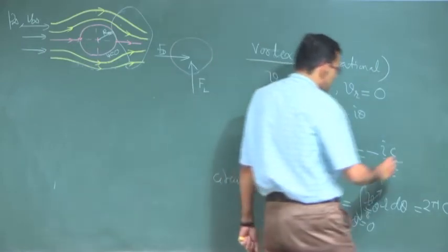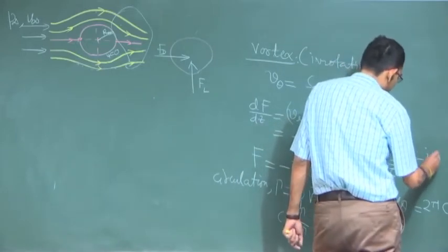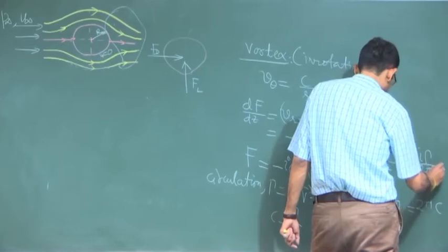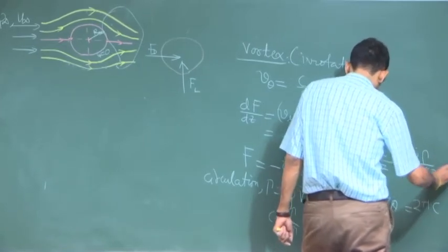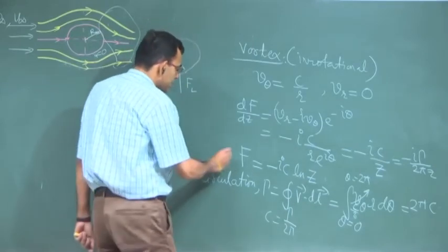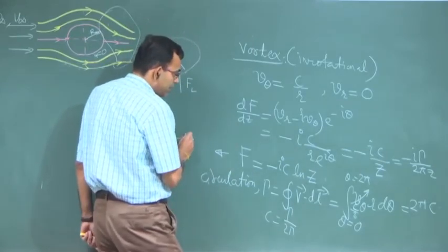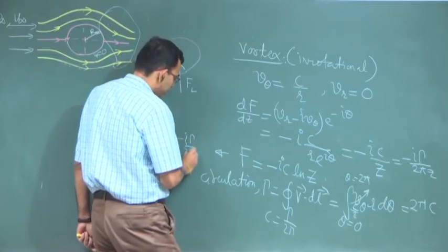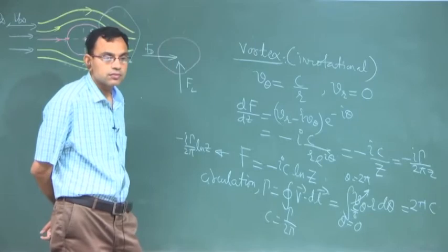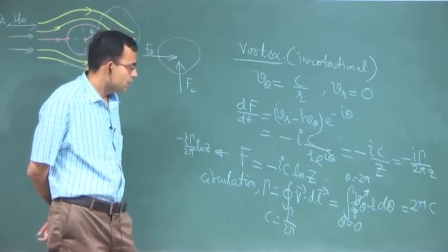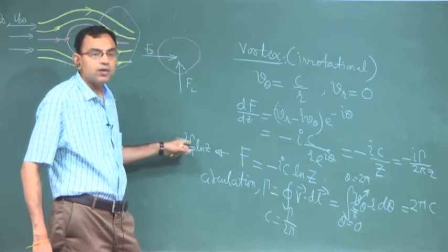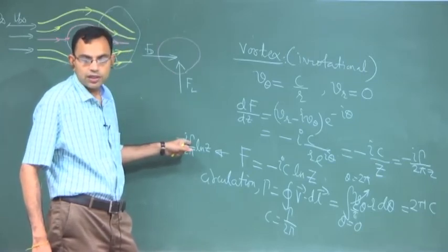So, this you can write minus I gamma by 2 pi z, and this will become minus I gamma by 2 pi ln of z. Okay. So, when gamma is positive, what kind of circulation does it indicate, clockwise or anti-clockwise?